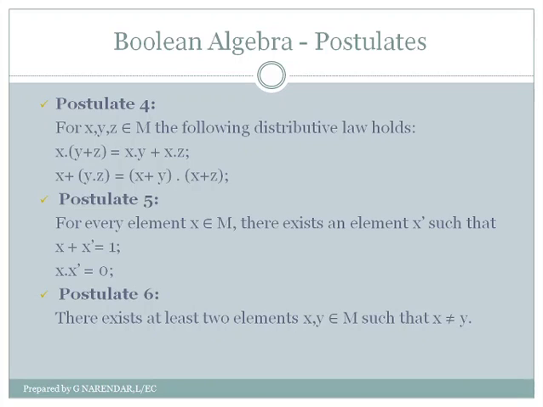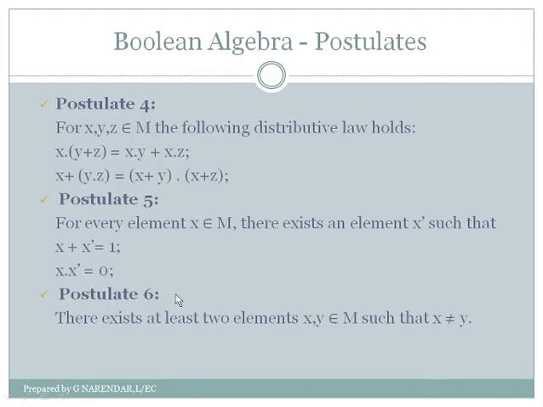So we are left with one more postulate, postulate number 6, and this defines the distinct elements of the set. Here it says that there exist at least two elements x, y that belong to set M such that x not equals y.